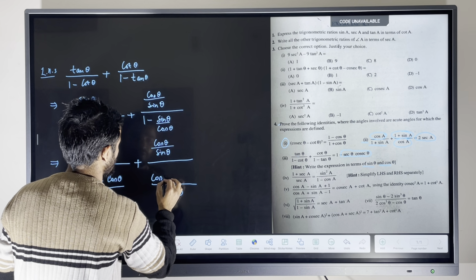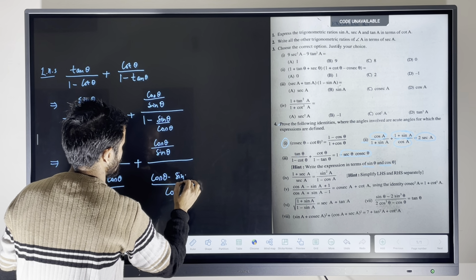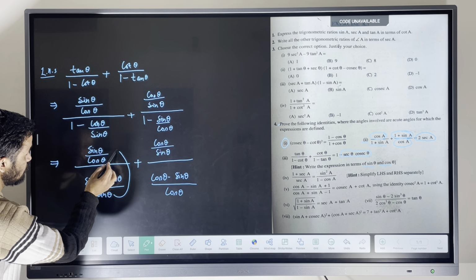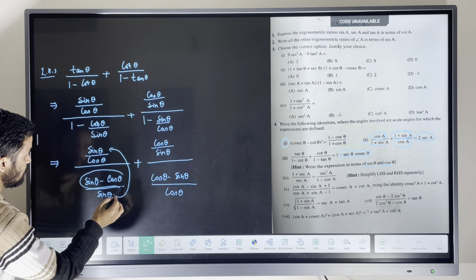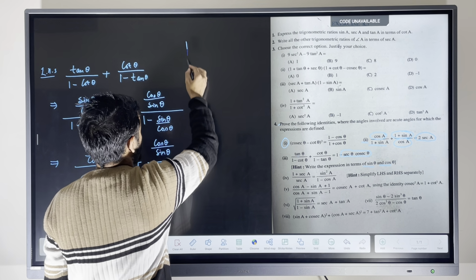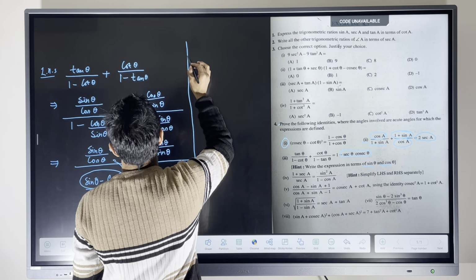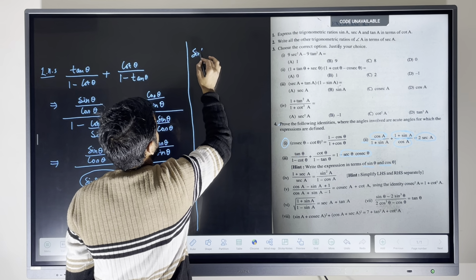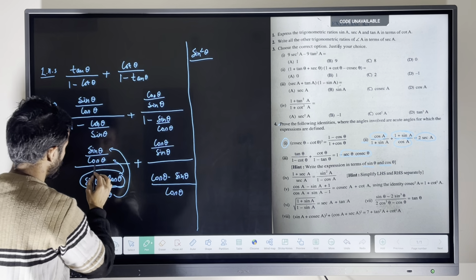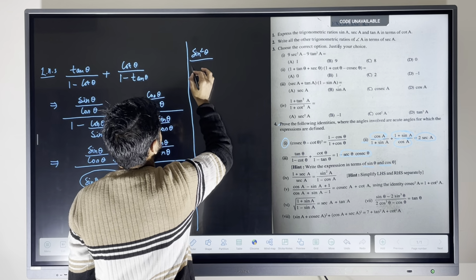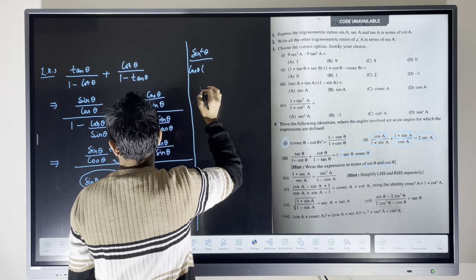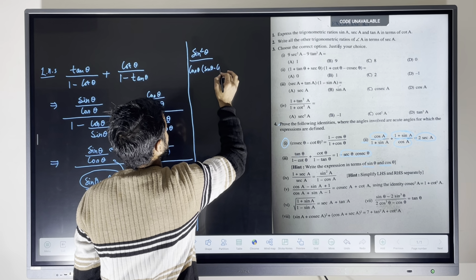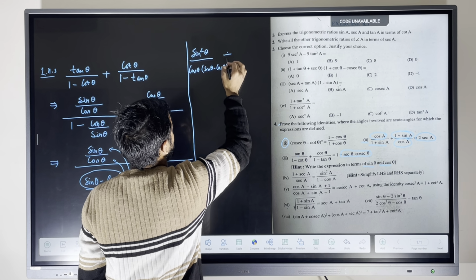Here it will be cos theta minus sin theta. Now this sin theta will go here and this whole term will go here. So it will be sin theta into sin theta, that will be sin square theta by cos theta into sin theta minus cos theta, sin theta minus cos theta is plus.